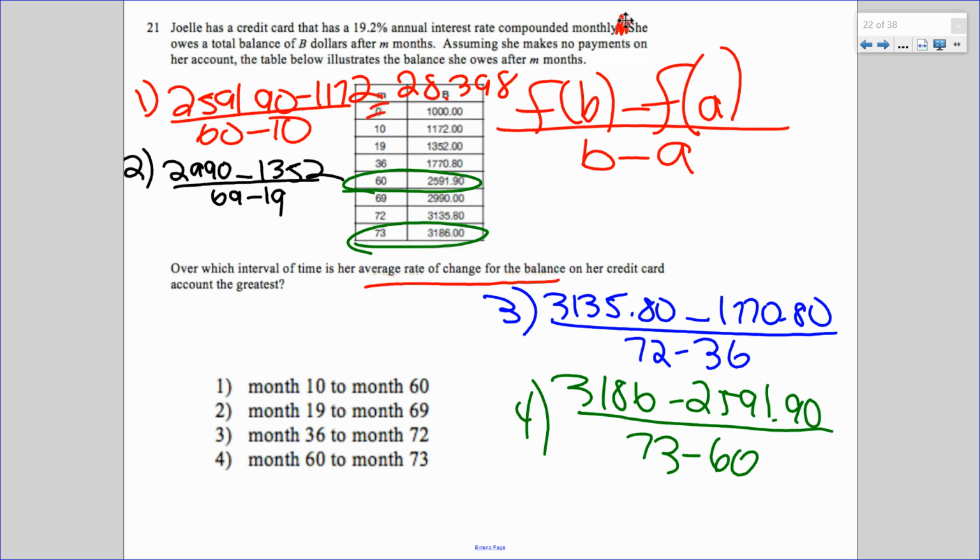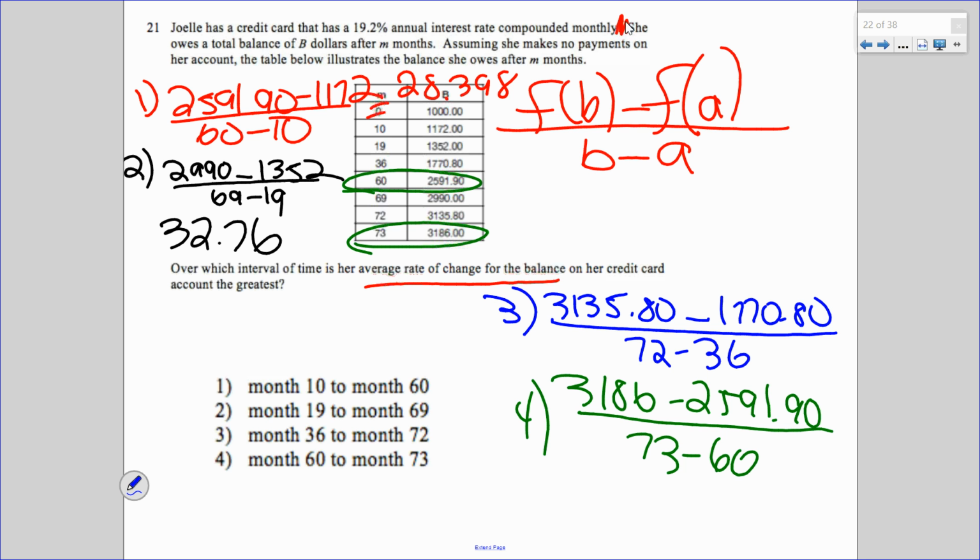819 divided by 25 is 32.76. Then I got my blue: 313580 minus 1770, 80 over 72 minus 36.